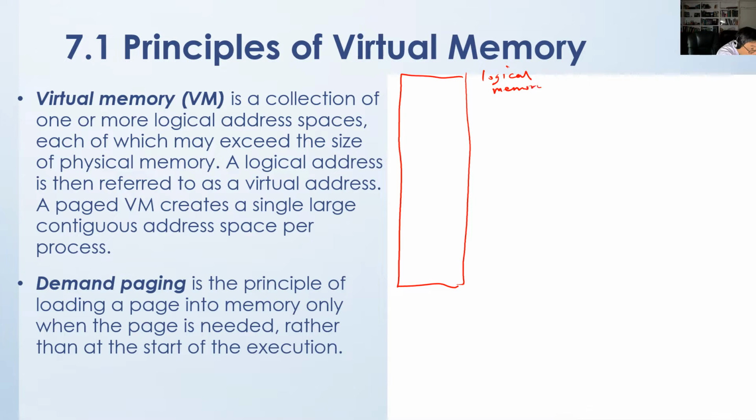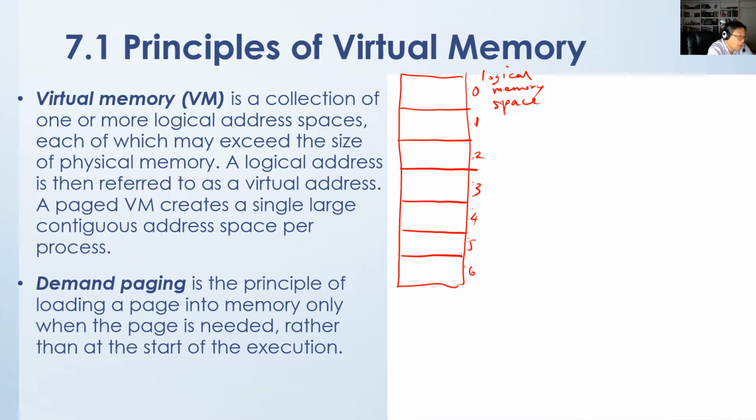Using one approach, paging, a process is divided into pages, right? So in this particular case, we divide this process into 7 pages, numbered 0, 1, 2, 3, 4, 5, and 6.